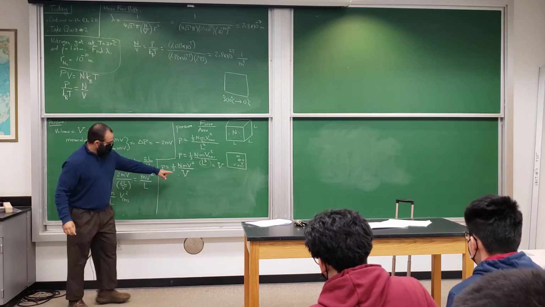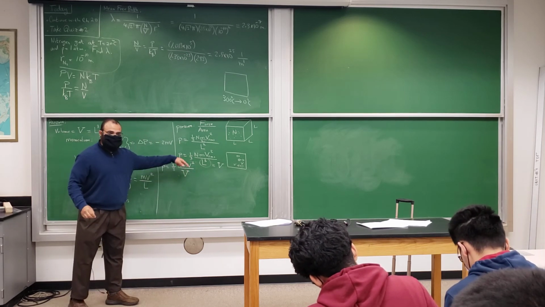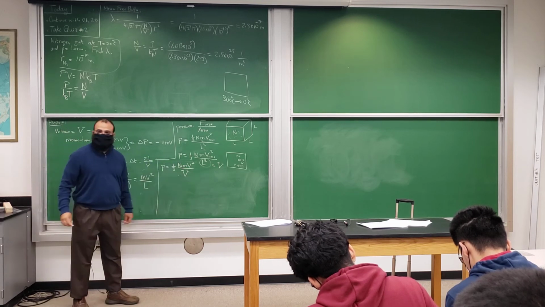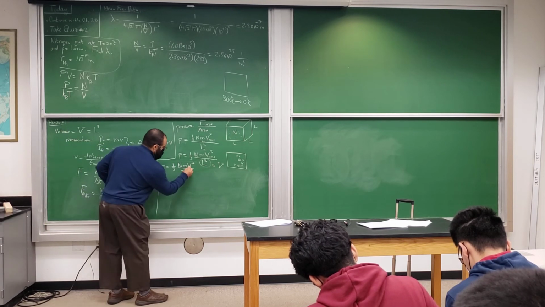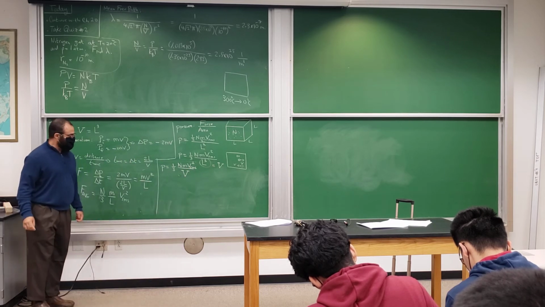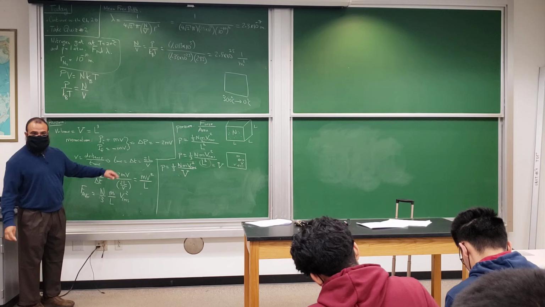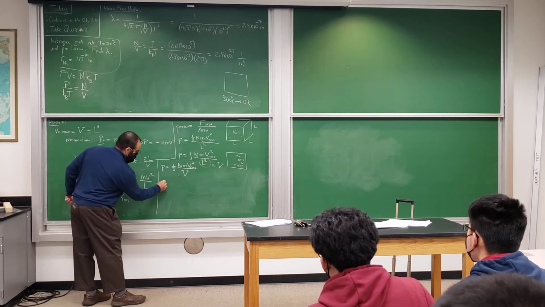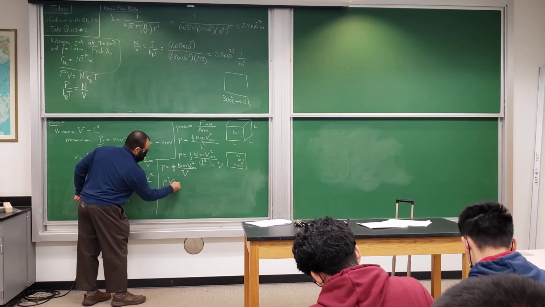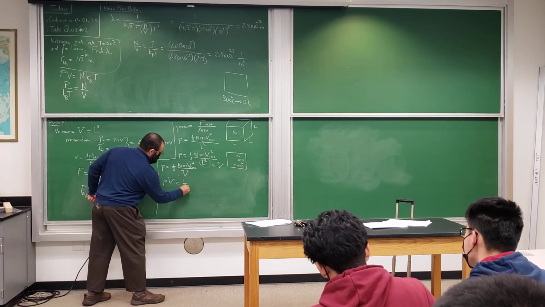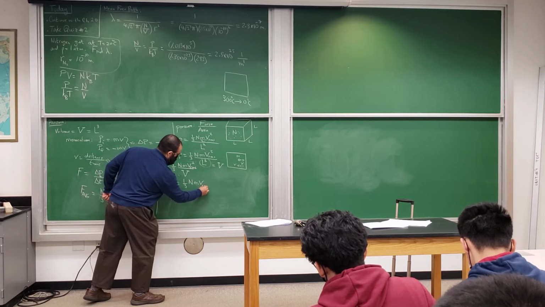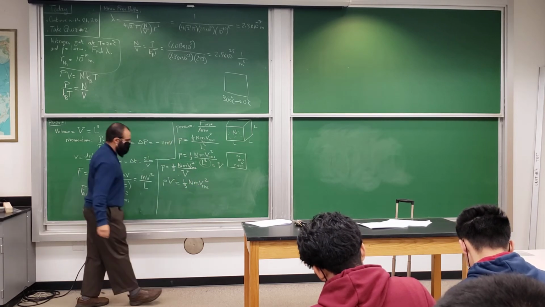You see why I put the bar, because I have two V's now: V for volume and V for speed, right? Maybe I should keep writing RMS. Multiply both sides by V to make it look like the ideal gas law. So I get PV is equal to 1/3 of N times M V RMS squared.